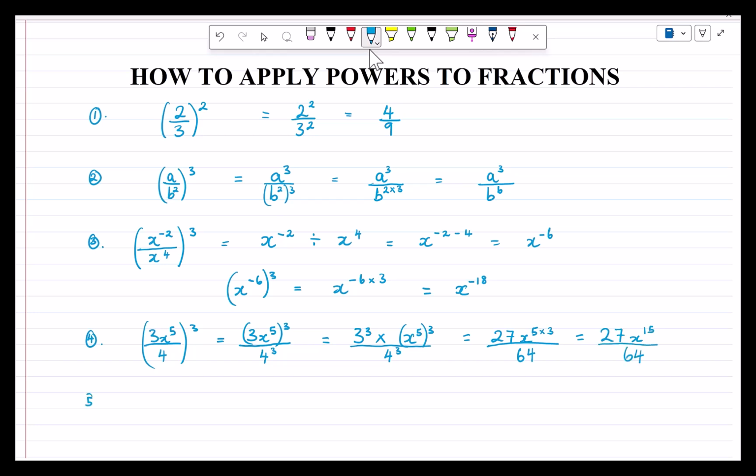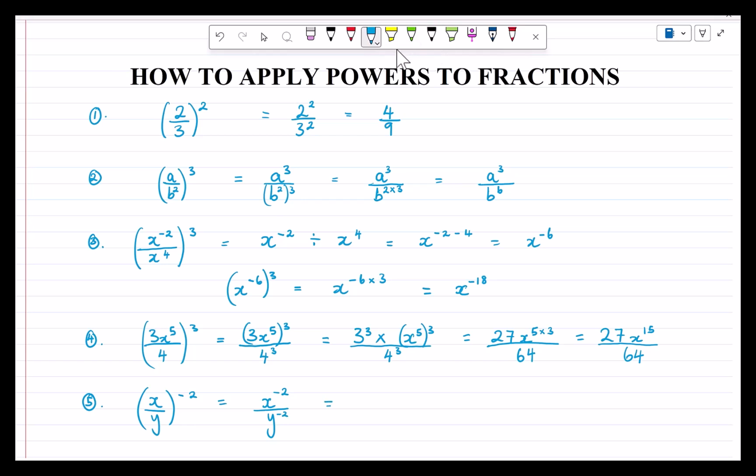And the last example, number 5, we have x over y to the power of negative 2. Because we're dealing with the negative power, what we're going to do is rewrite this as x to the power of negative 2 over y to the power of negative 2. Now, if you remember how to deal with negative powers, I tackled this in my other video.